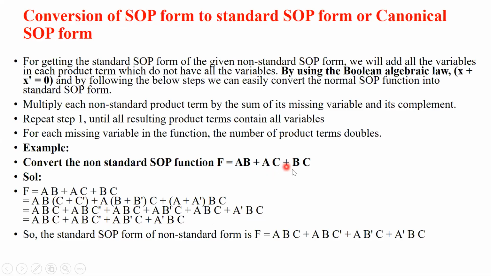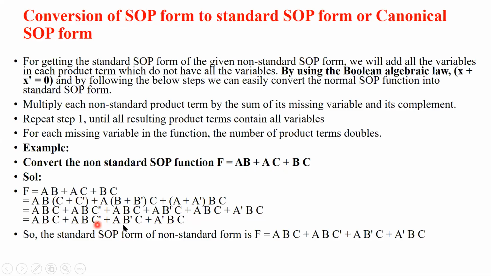So see, I had a non-standard form. I introduced the missing term, expanded that equation, then I applied the repeated term rule. It cannot be 3ABC or 4ABC. I will write every term once. So now all the three literals are there, whether in complement or as it is.